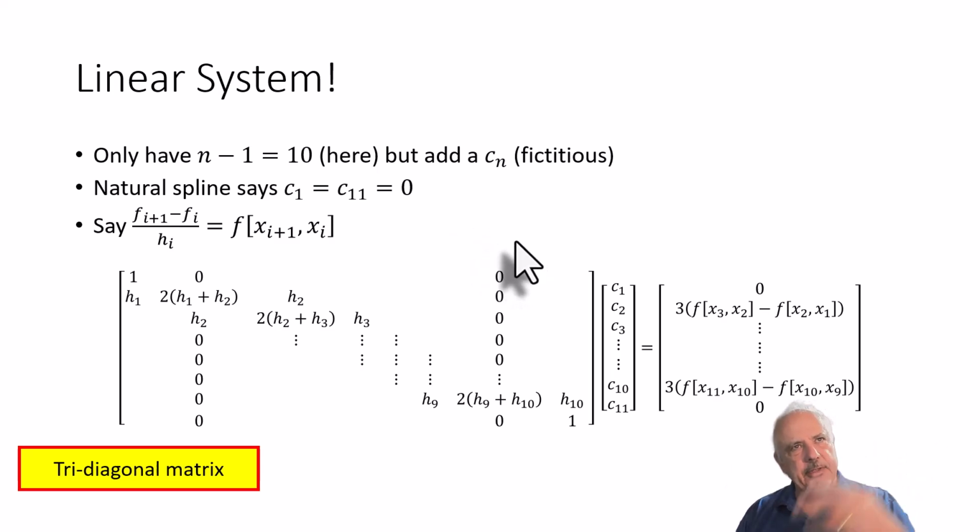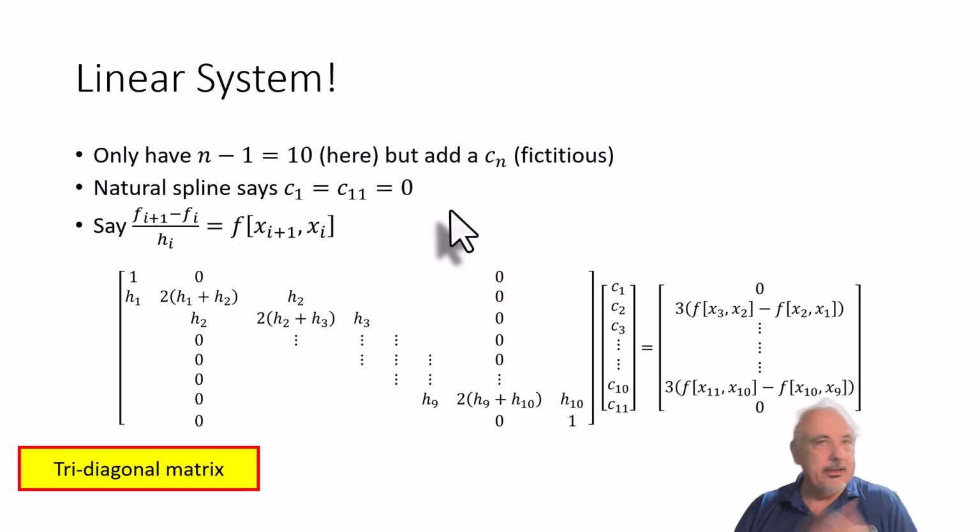Now, remember, this is set up for a 10 spline example, so you could adjust to the number of splines that you need. But for the purposes here, we have 10 spline segments, so we're going to have 11 C's because we've added one, and they call it a natural spline, where you force the first C and the last C to be 0.